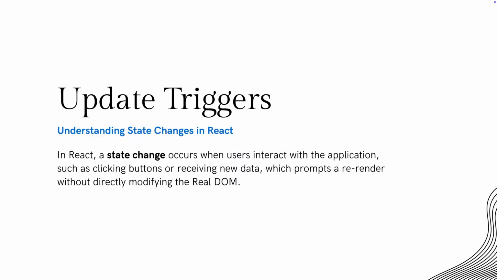Now, what causes React to update the UI? A state change triggers an update. This can happen when a user clicks a button, a user types something, or API data is received. Important point, a state change does not directly update the real DOM.